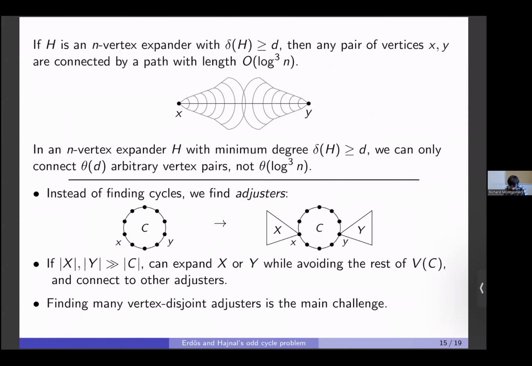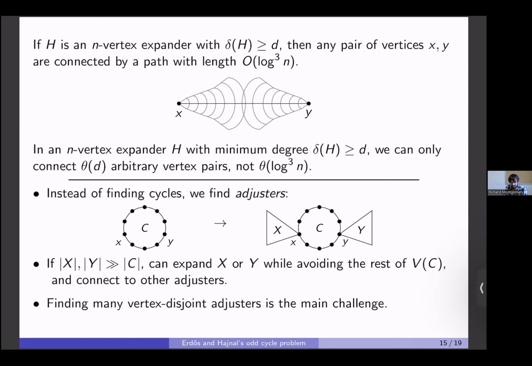So a few notes on how we managed to get around this. This part of it is a relatively common idea. Instead of finding cycles, we find what we call adjusters. The problem is if we find lots of cycles, then we're trying to connect pairs of vertices x and y, and that's hard to do because they might have no neighbors other than inside the stuff that we're trying to avoid.